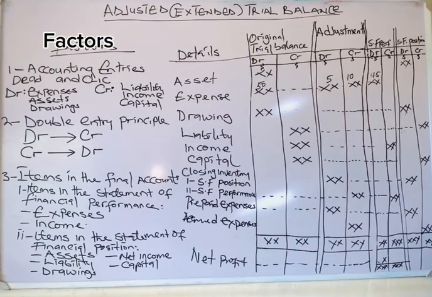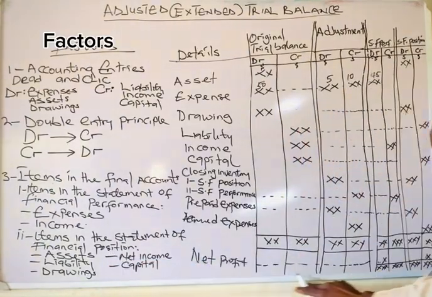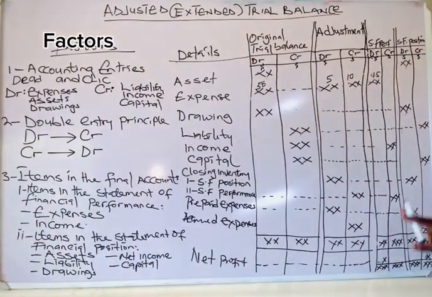If you transfer your net profit to the credit side, you will have a balance, the same figure. I hope you are getting it. That is why the net profit is here. We transfer this net profit to our statement of financial position, and it will go to the credit side. I hope you are getting it.